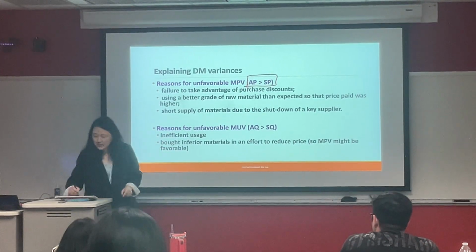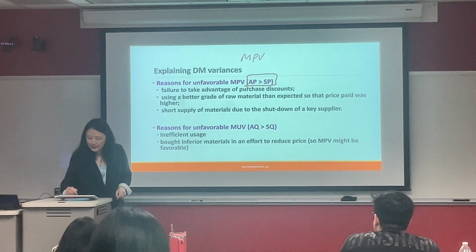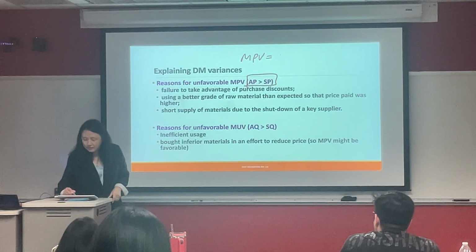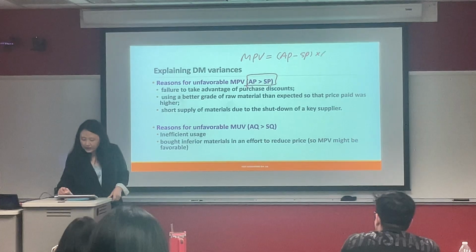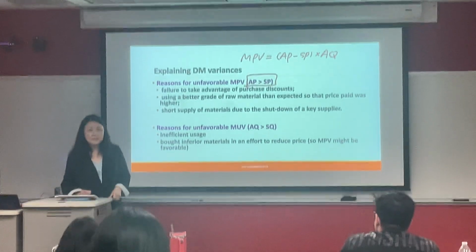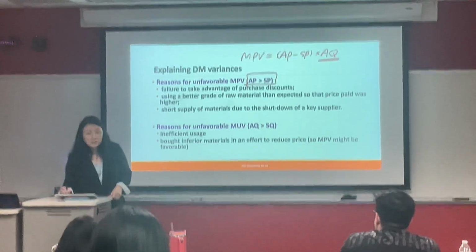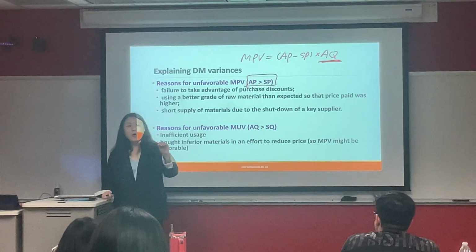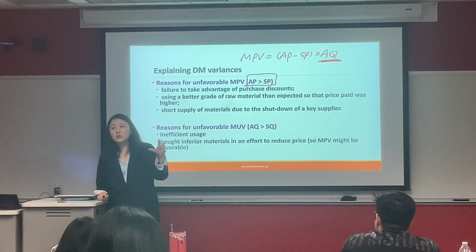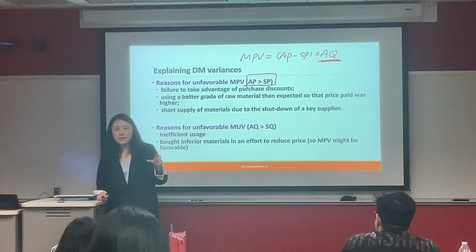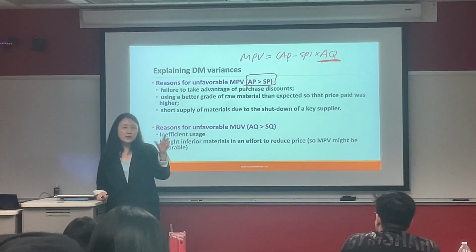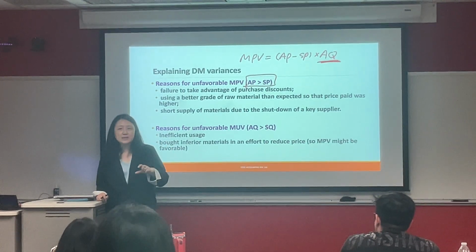For instance, MPV is the difference, evaluated on the AQ. AQ is there only to help you identify the total magnitude of impact. If the impact is small, you can ignore it, you do not have to investigate.